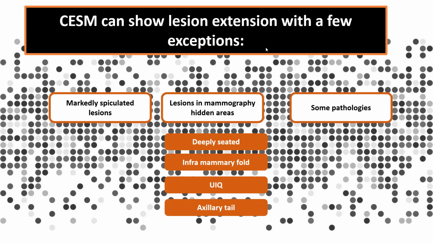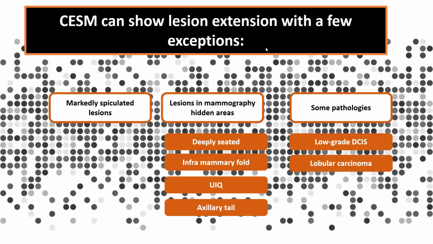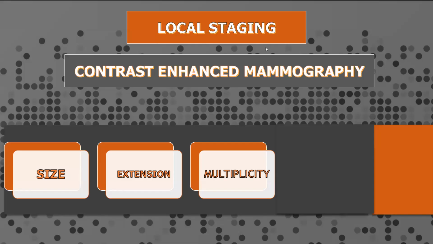And some pathologies might be missed as normal background enhancement, like the low-grade DCIS and the lobular carcinoma, and they have to be assessed in relation to the clinical condition of the patient and in relation to her mammography. And also to the ultrasound.